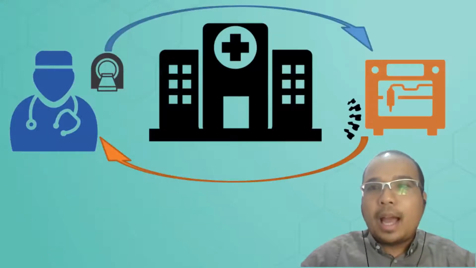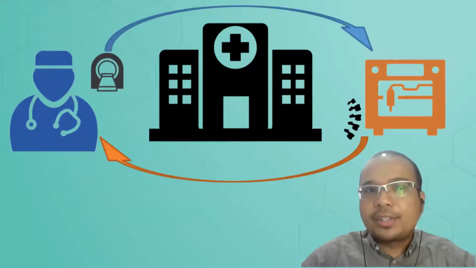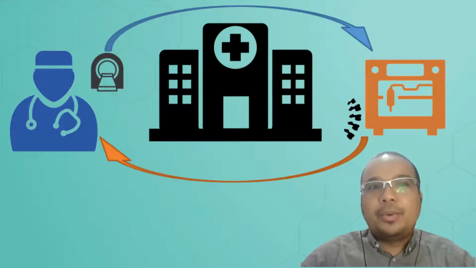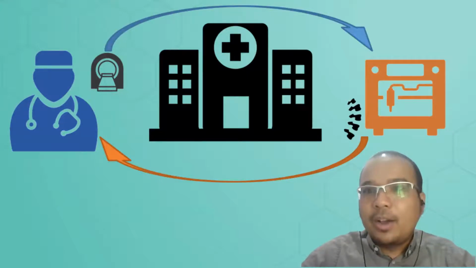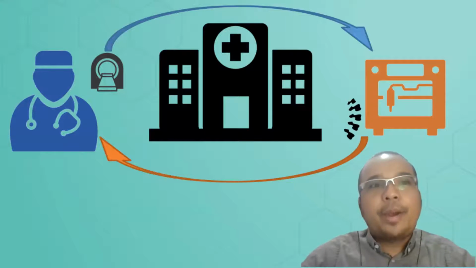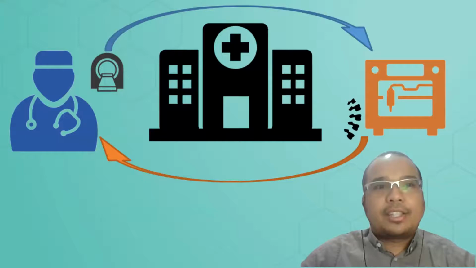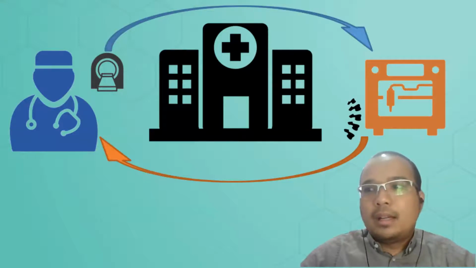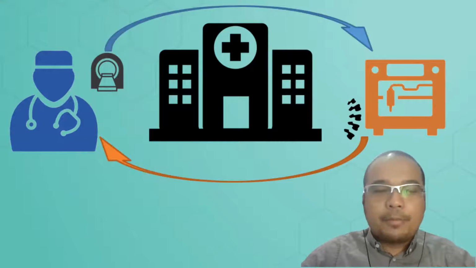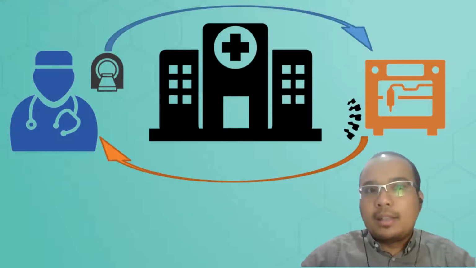What I am proposing is to bring the 3D printers nearest to the doctor, to his or her hospital or his or her clinic, whereby the doctor can just extract and manipulate the DICOM file from the CT scan or from the MRI.